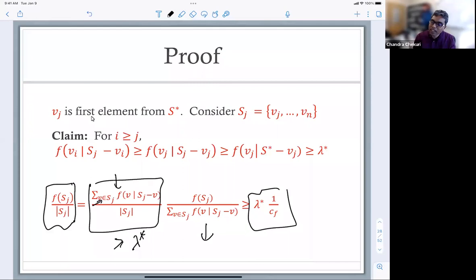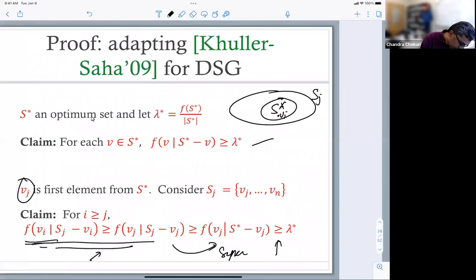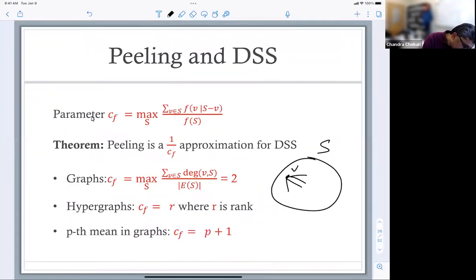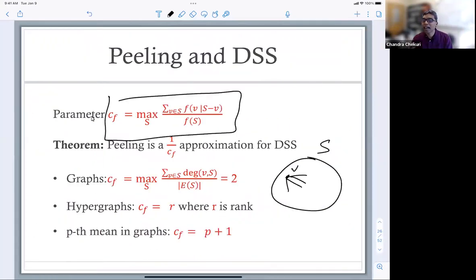The main observation is that this quantity CF somehow characterizes the performance of the greedy algorithm for all supermodular set functions. And it's a very simple quantity. We haven't seen this measure of supermodular functions being used before.